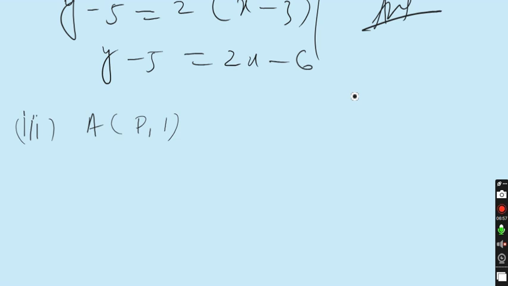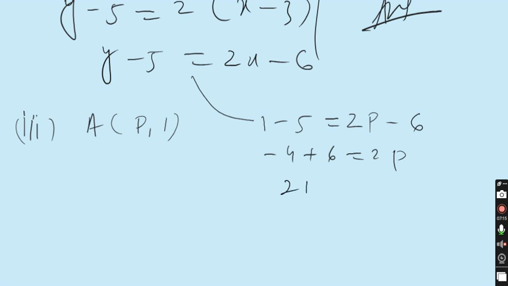The point A lies on the line AC, so put it in: 1 minus 5 is equal to 2 multiplied by (P minus 3). So 1 minus 5 is minus 4, plus 6 is equal to 2P, and 2P is equal to 2, and P is equal to 1. So the coordinates of A become (1, 1).